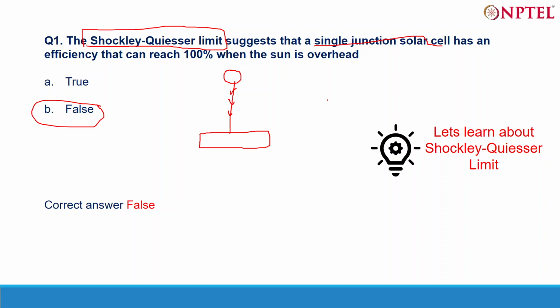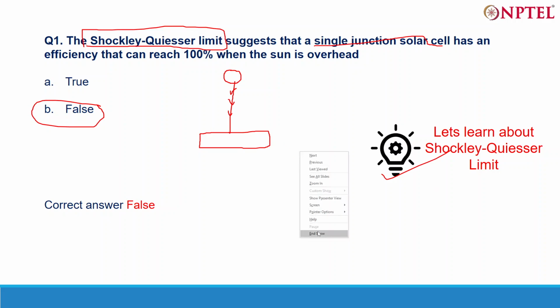That's how a solar cell is actually designed and built. If anybody has a question here, or didn't understand the underlying concept, let's learn the Shockley-Queisser limit itself. What do these limits actually tell us?